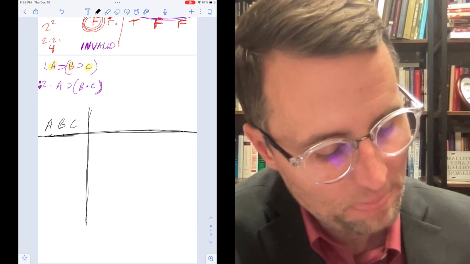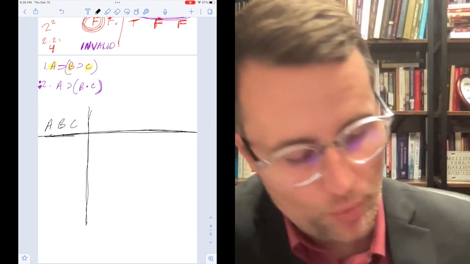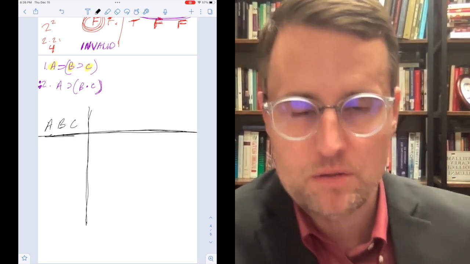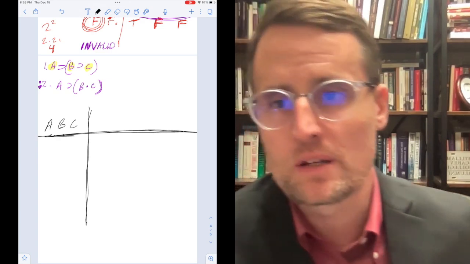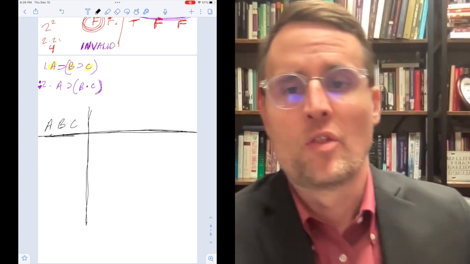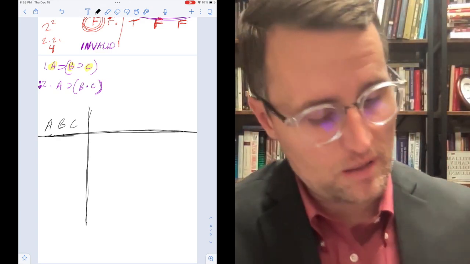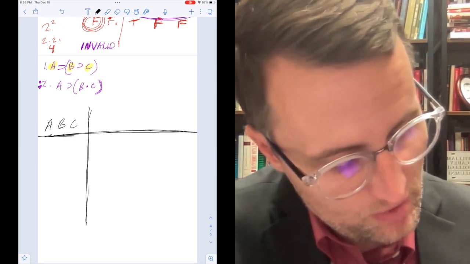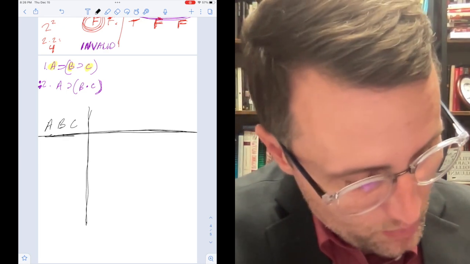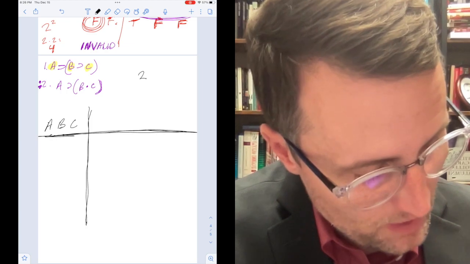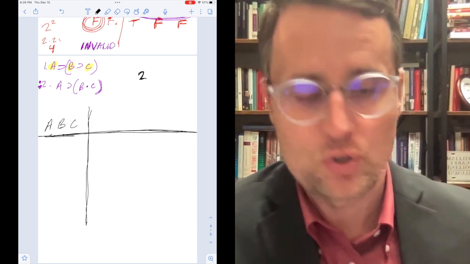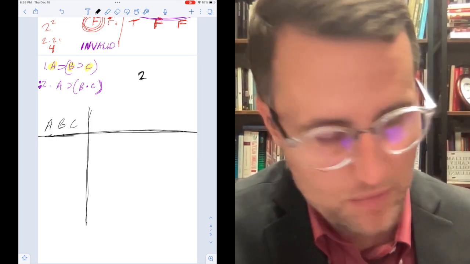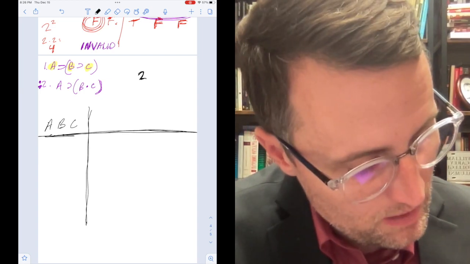And now see how this time we have 3 atomic statements. So the way you calculate it, like I said above, is you take the number of truth values, which is 2, it's true or false, and you raise it to the power of the number of atomic statements, which is 3.